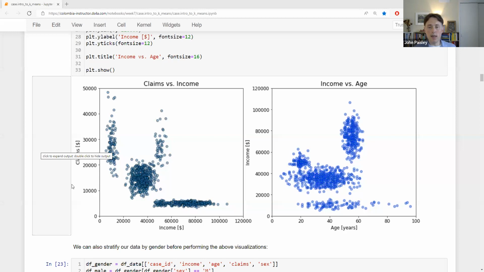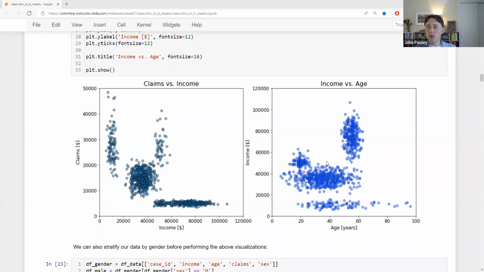Here you see income, how much money they make, and their claim, how much they're asking for. Each dot is a data point. This person makes about $50,000 a year and claimed or wanted a little over $40,000 for some reason from the insurance company.